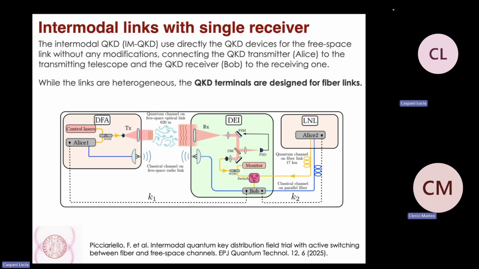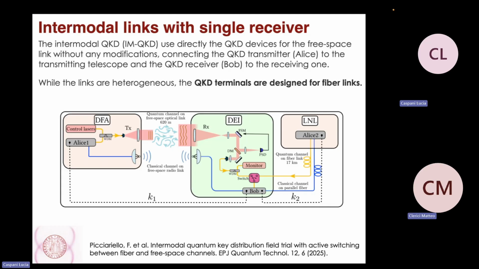The polarization degree of freedom is also convenient because it is easier to align the bases between Alice and Bob, and so we demonstrated this versatility, having sort of a star, with one Bob and several Alices.